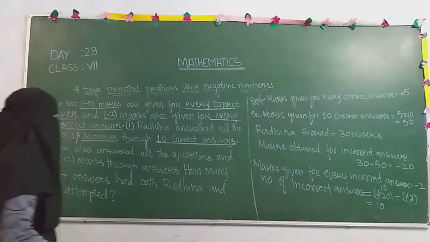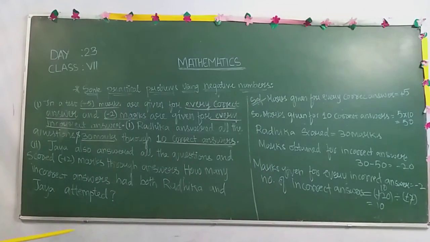The most important thing in the question is what it is asking: Radhika and Jaya attempted how many incorrect answers?